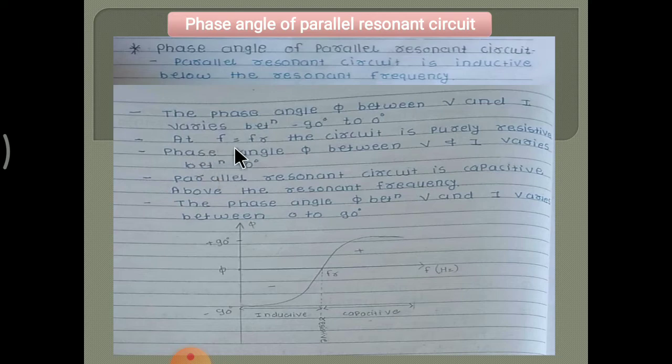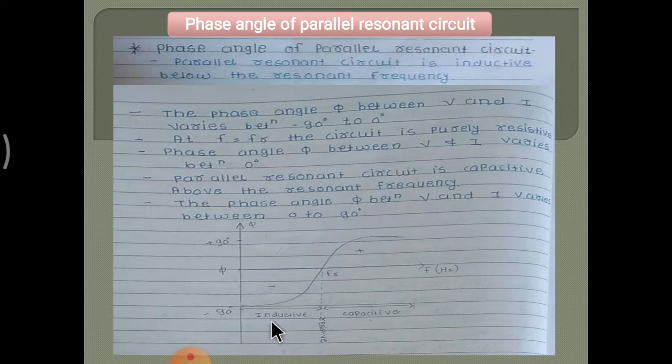When f is equal to fr, the circuit is purely resistive, and at that condition the phase angle phi between voltage and current is 0 degrees.